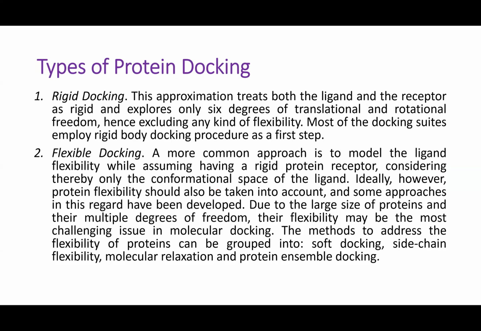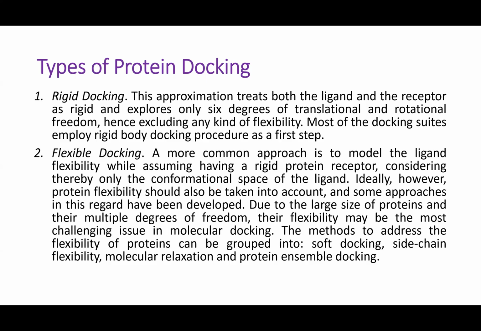In rigid body docking, the receptor is held rigid and the ligand is also held rigid, to explore the different degrees of translation and rotational freedom, where at a particular point the molecule will fit into the target protein.